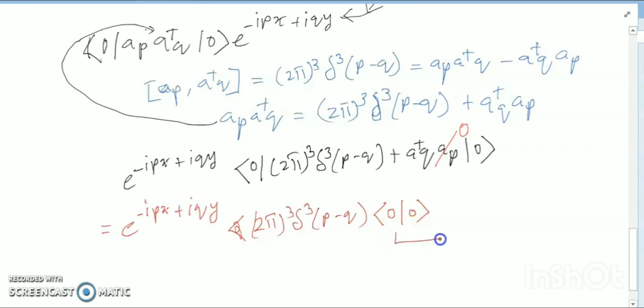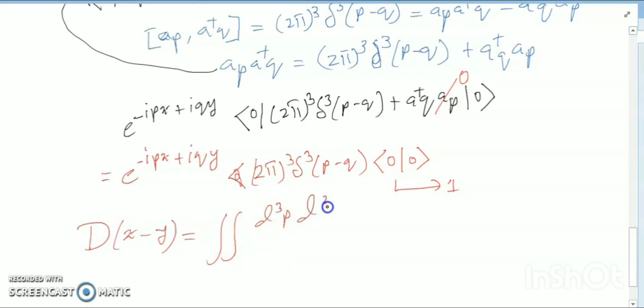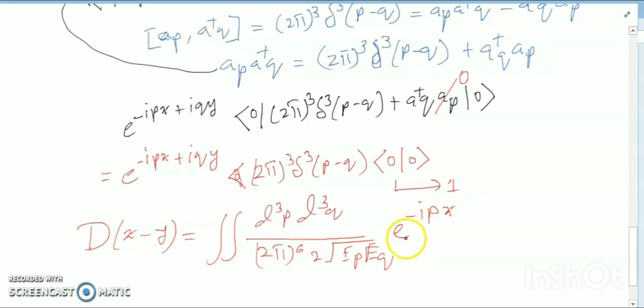Plug in this value, so we get D(x minus y) equals the double integral d^3p d^3q over (2π)^6 times 1 over 2 root of E_p E_q times e to the power minus ipx plus iqy times (2π)^3 delta^3(p minus q).